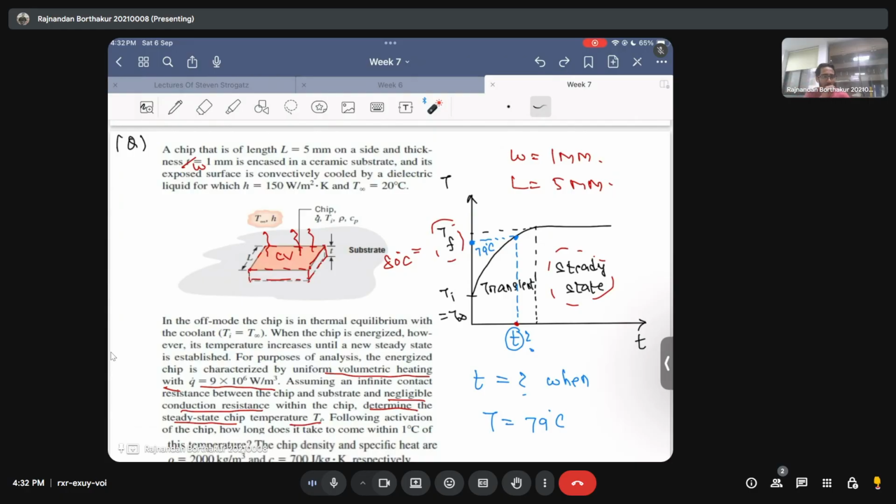That's the other end of the spectrum. So in the next class, we will look into one or two problems associated with semi-infinite bodies, and then we'll move into solutions of heat conduction equations, how we basically solve that using a numerical approach. And after that, we will move into the radiation aspect of the course.